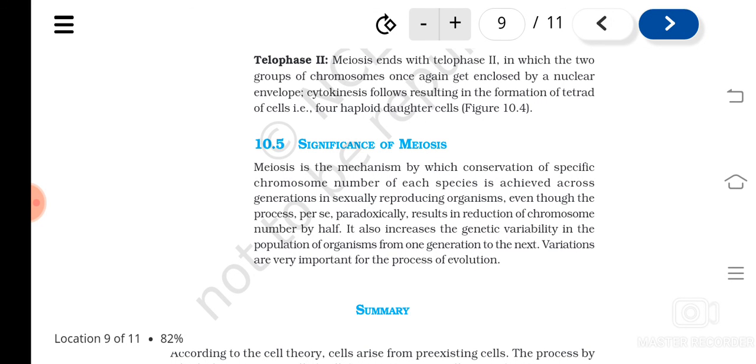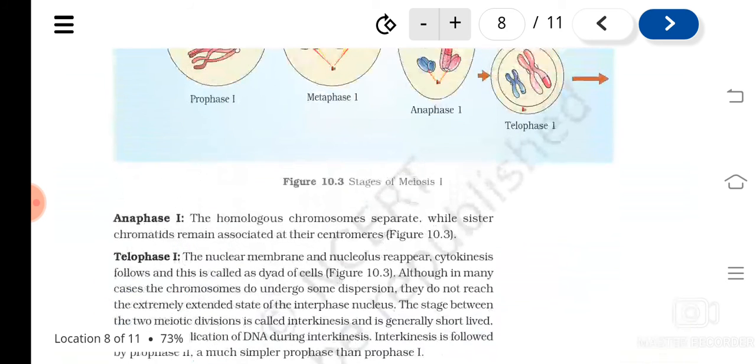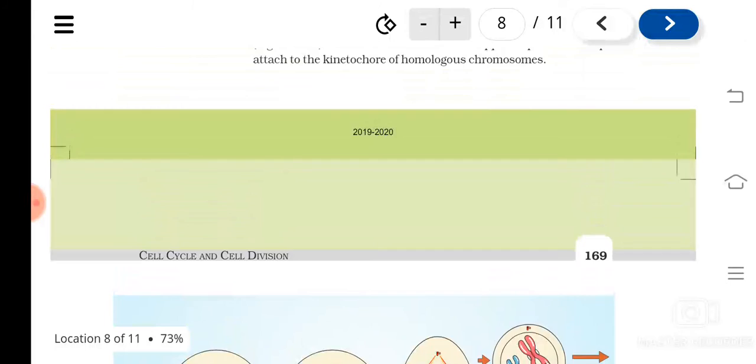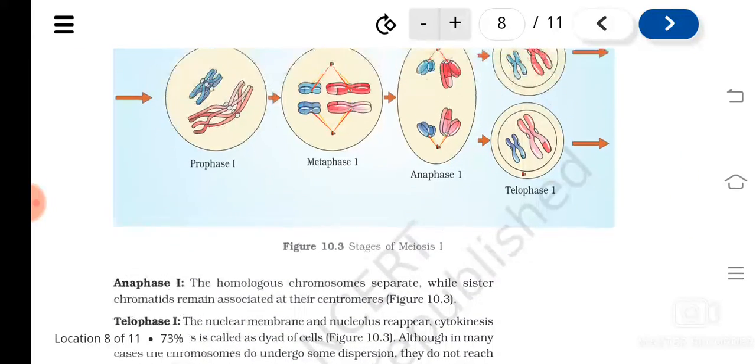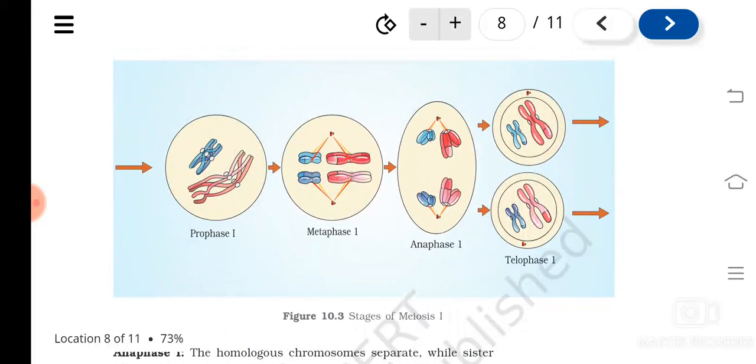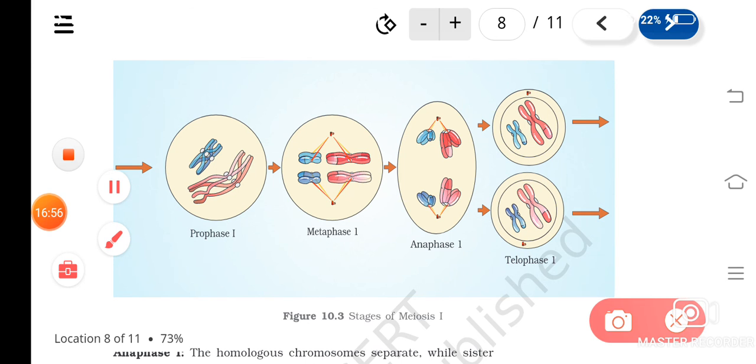Reduction of chromosome number takes place by this, and it also helps in the increase of genetic variability. Why? Because variations happen during crossing over. What is crossing over? Exchange of fragments, as you can see in this diagram.